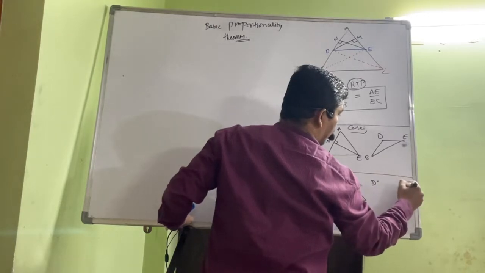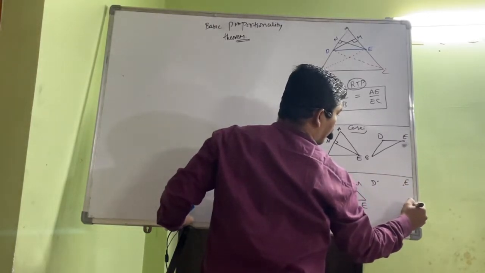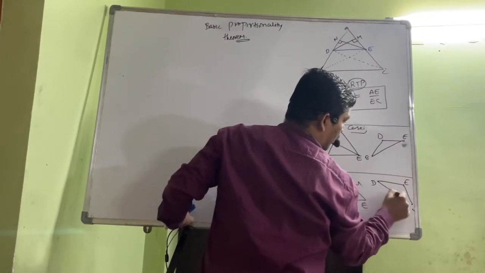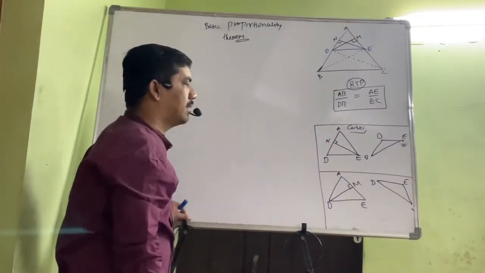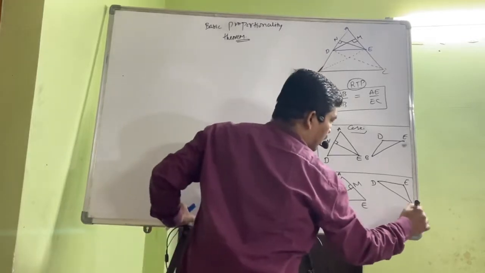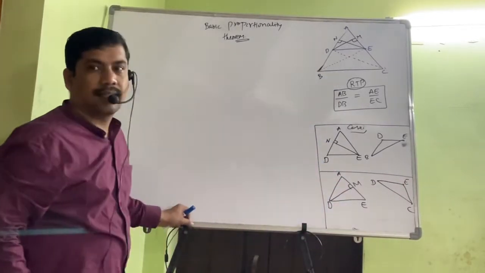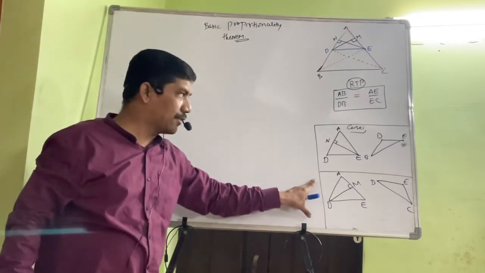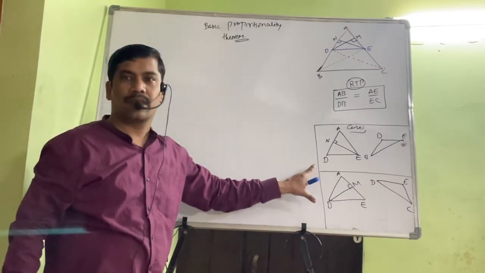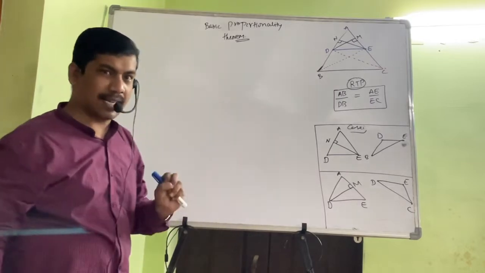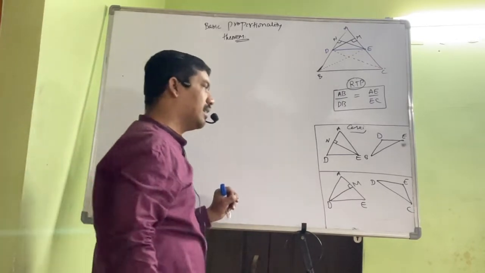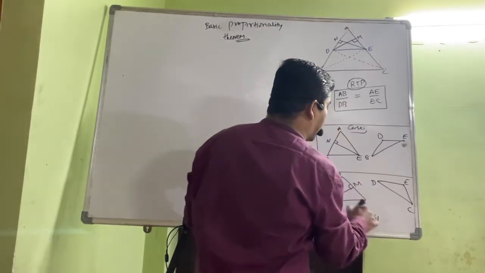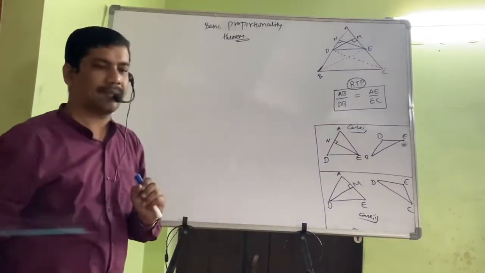D, E, here somewhere you write C. So are you able to sense it? C, D, E. So this I'll use for case 1, this I'll be using for case 2. From those 4 diagrams, I'll write 4 equations and I'll do some division work and we'll get ultimately our answer.